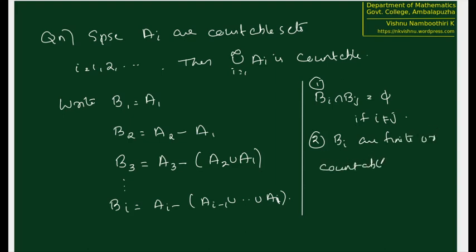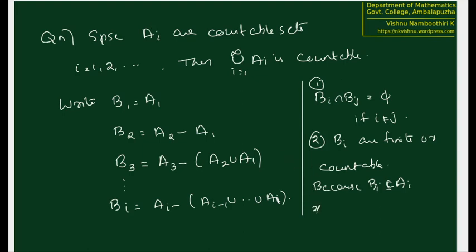So what is the reason for saying this? Because Bi is a subset of Ai. Ai is countable, and Bi is obtained by removing a few elements possibly from Ai, and therefore Bi is a subset of Ai. And subsets of countable sets, we have already seen that they are either countable or finite. Therefore Bi are all finite or countable.